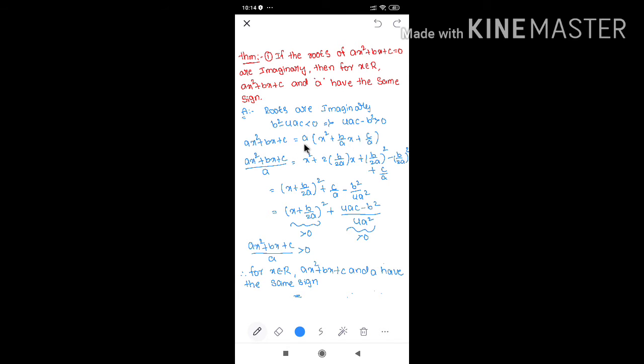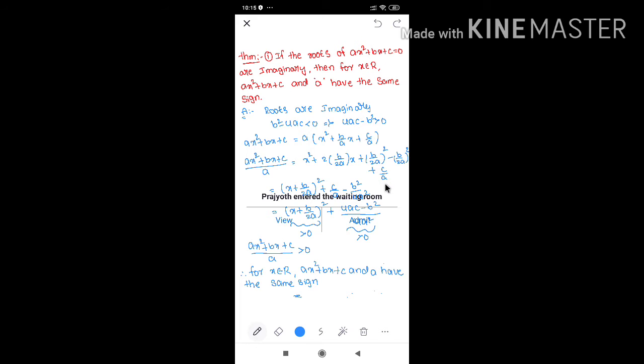In this we are taking common a. So a into x square plus b by a x plus c by a. To get a perfect whole square function we are multiplying and dividing, so here we are writing b square, adding and subtracting. The remaining term stays as it is. The first three terms are in the a square plus 2ab plus b square formula.